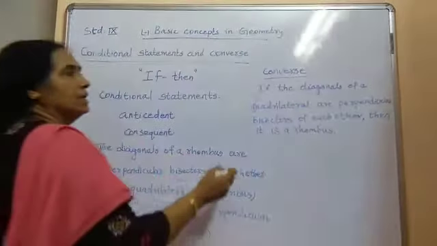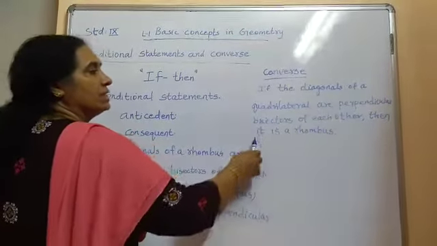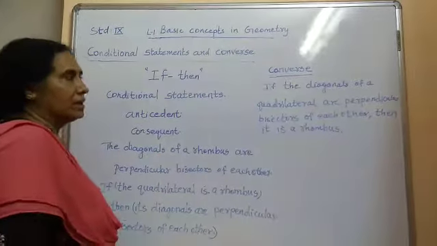So this is the converse. If the diagonals of a quadrilateral are perpendicular bisectors of each other, then it is a rhombus.